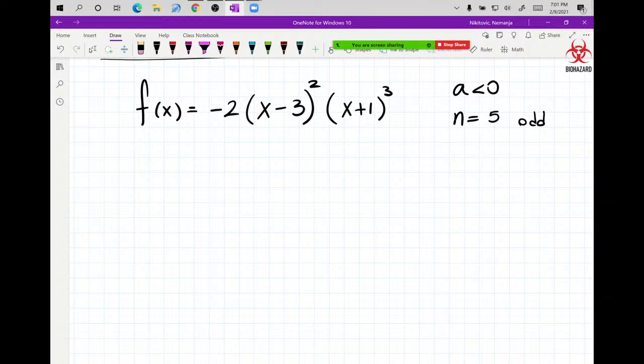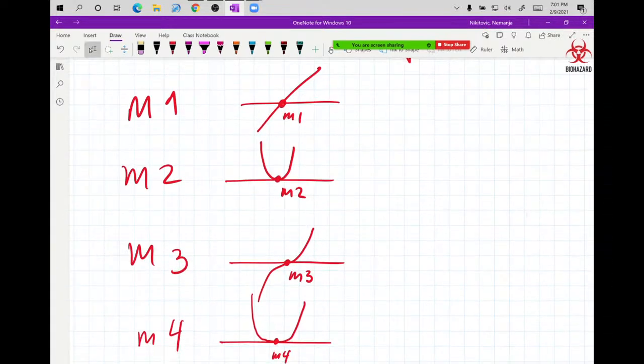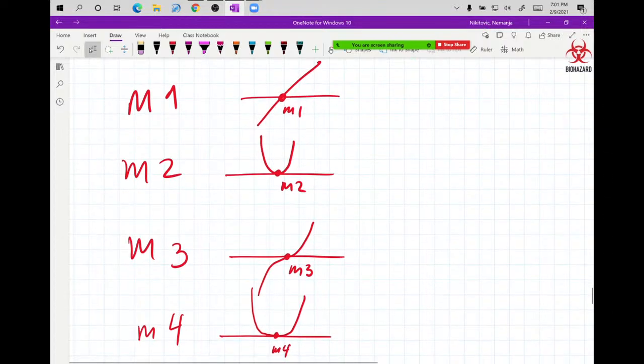Professor, for this one, would the bounds depend on which parentheses has the higher exponent, or would they both bounce? One is a 3, so it's a pass-through. The other one is a 2, which is a bounce. Oh, okay. Right? Look at it. If you need to take the picture with your phone now, so you can refer to it, or if you took the notes, whatever.